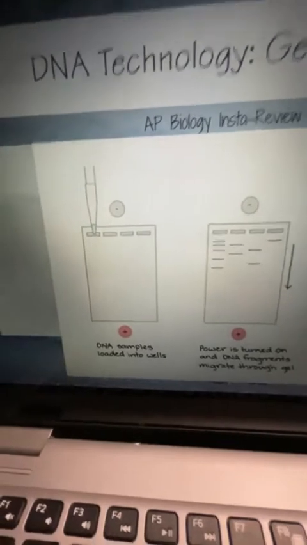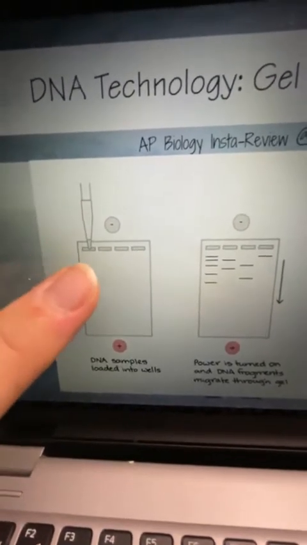So that moves us into gel electrophoresis. With gel electrophoresis, traditionally we're looking at DNA. First we cut the DNA using something called a restriction enzyme. Then you insert it into these little wells.